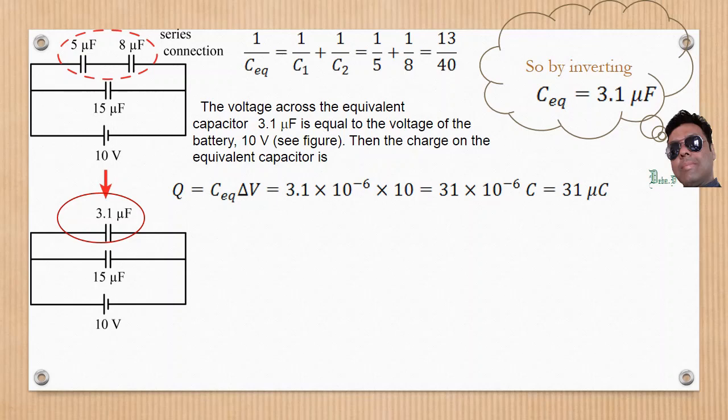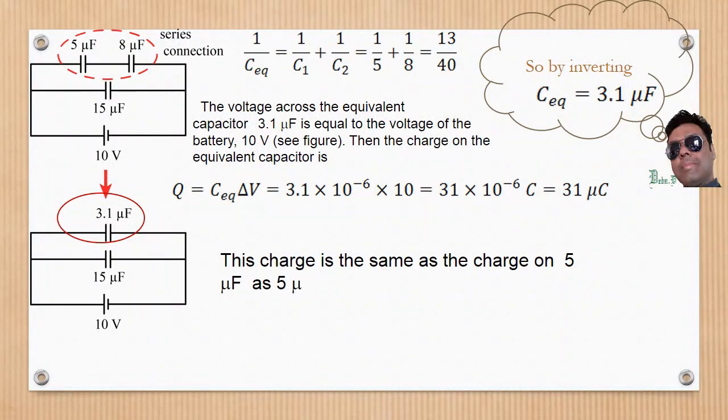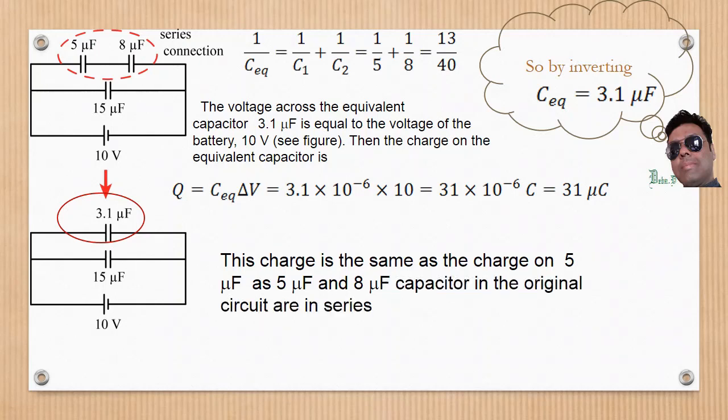This 31 microcoulomb will be passing through both 5 microfarad and 8 microfarad, so this charge is the same as the charge on 5 microfarad and 8 microfarad. So what is the total charge on the 5 microfarad? It will be 31 microcoulomb.